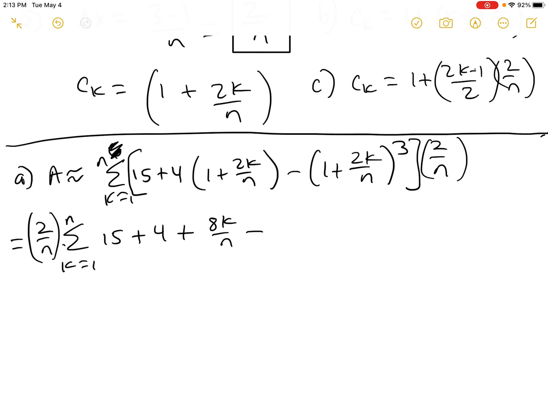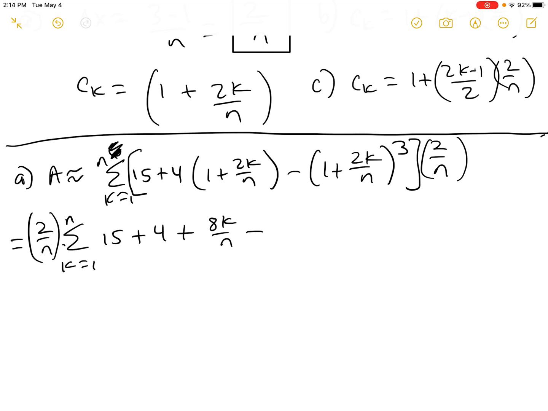So hold on. (x plus y) cubed is... no, it's x cubed plus 3x squared y plus 3xy squared plus y cubed, and this goes 1, 3, 3, 1.